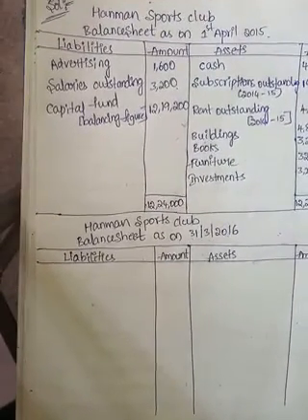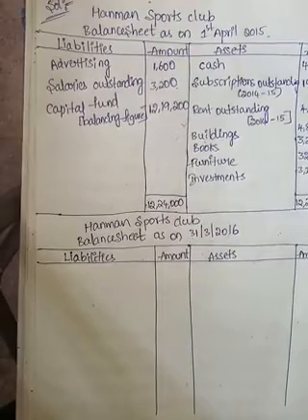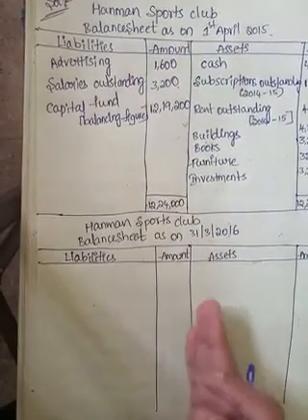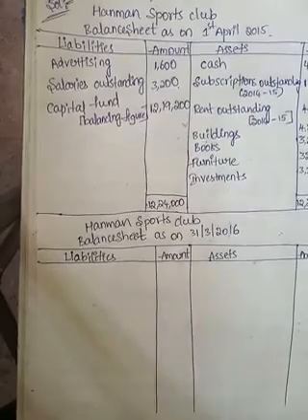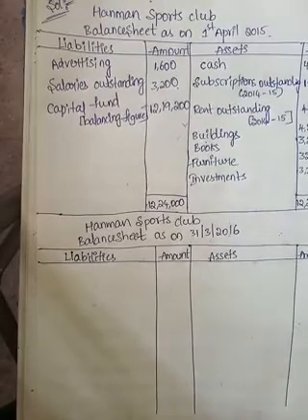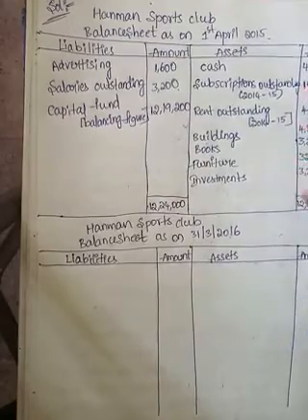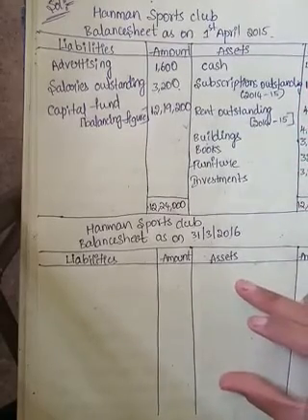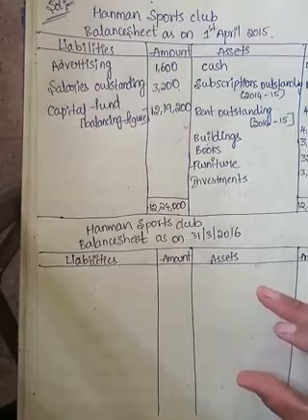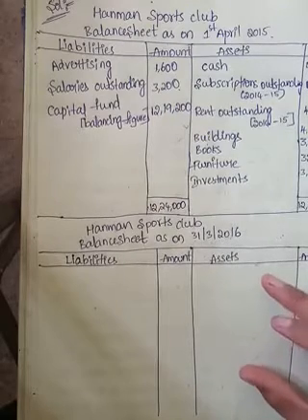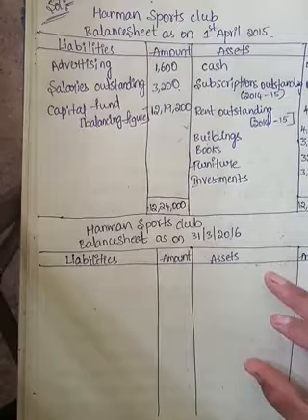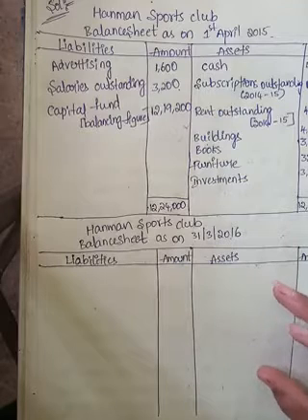Okay. Now here we'll take these assets and liabilities values at the end of the year. In the beginning we took the opening balances, and whenever we prepare this balance sheet we take the closing values.